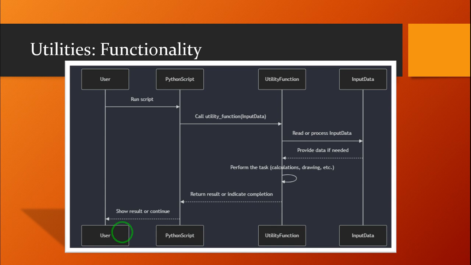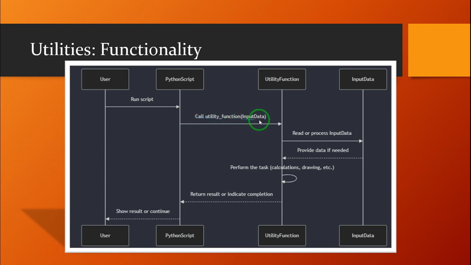So first, as a user, you call the utility function by passing the required inputs like a file path or coordinates, and we also talked about coordinate formats. Then this utility function will execute its predefined set of instructions using these inputs.